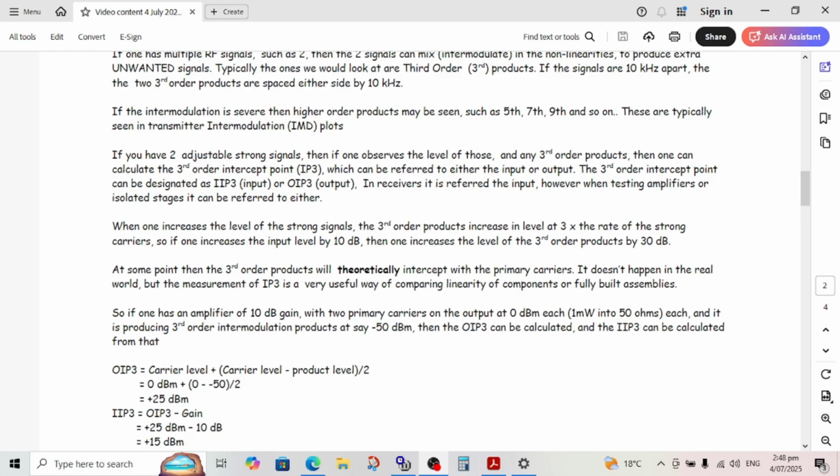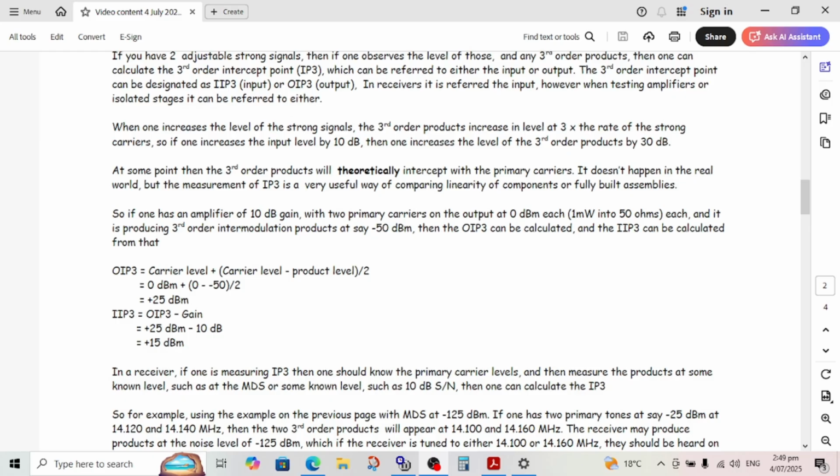At some point, those products theoretically intercept with the primary carriers, and this is commonly called the third order intercept point. If one has an amplifier of 10 dB gain, then we can calculate the intercept points shown in the data below.